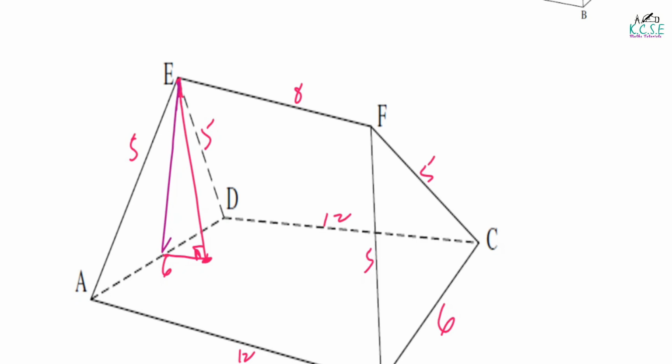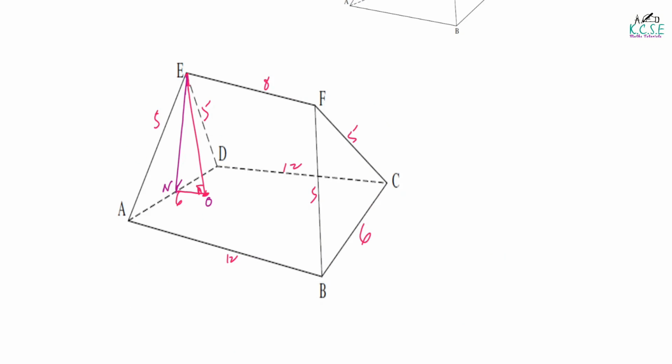So that is a slant height. Now having this triangle, we can label the base as O, and this as N. So we have now triangle ENO, and this will be very crucial in helping us get that perpendicular distance. Now let's get the slant height EN.